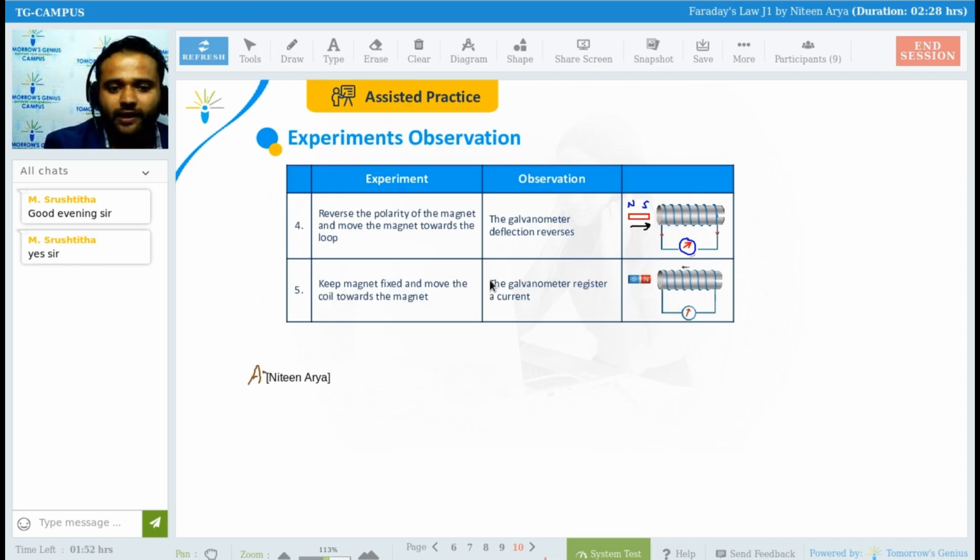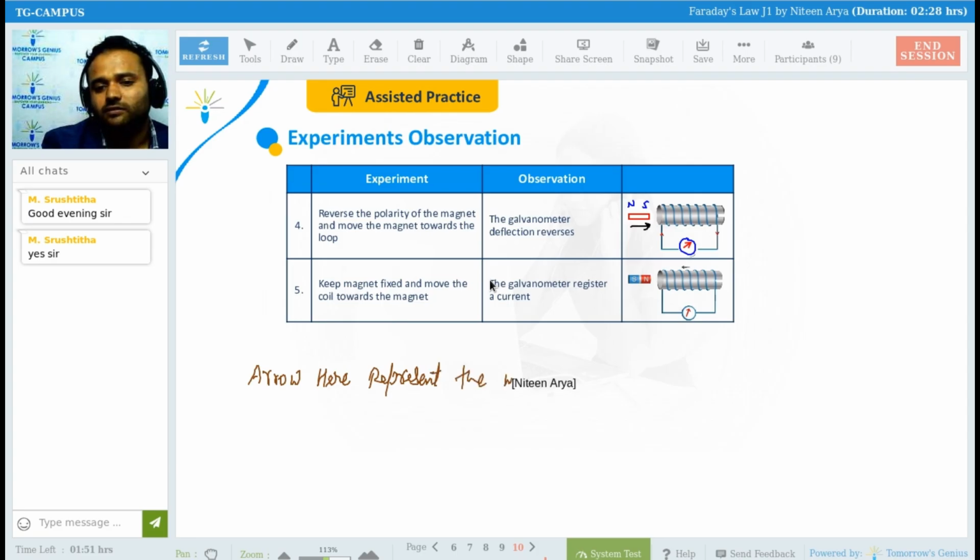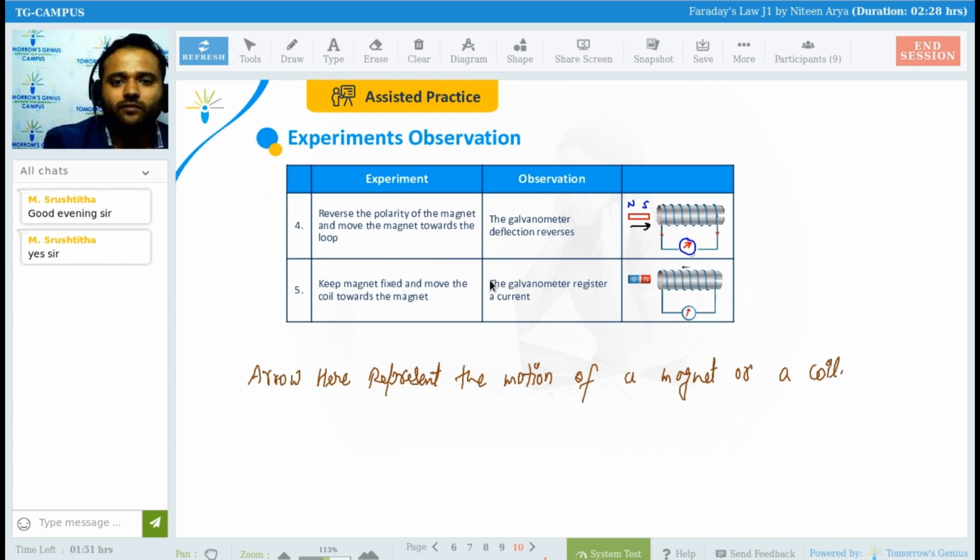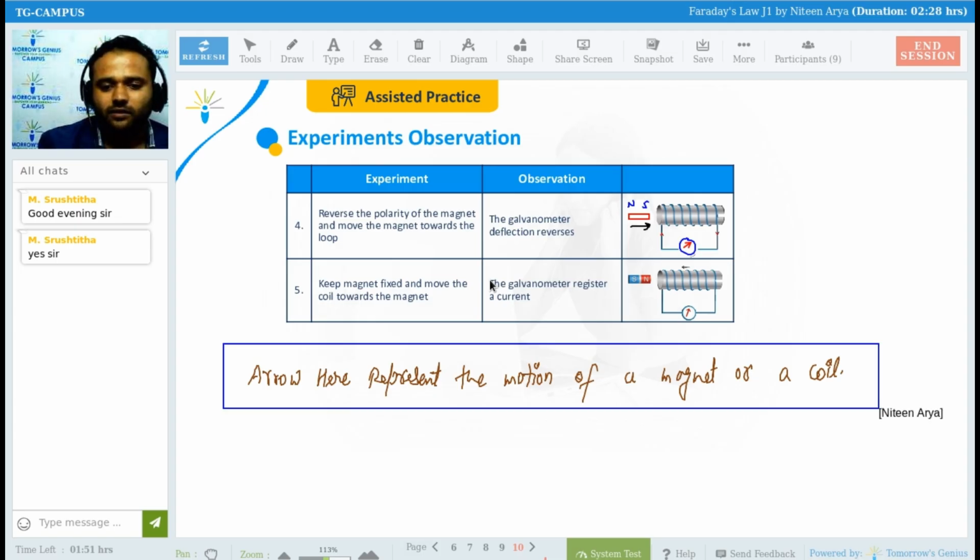I write it down also: the arrow here represents the motion of a magnet or a coil. Is this clear, everyone? Okay, so that is the meaning.